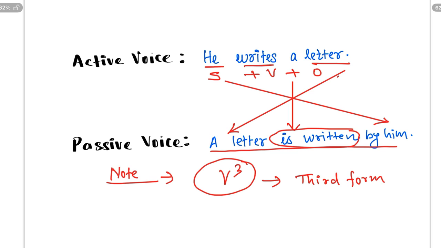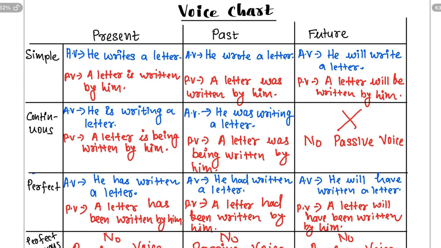So let us see how different types of sentences are converted from active voice to passive voice. So here is a chart for you. You can call it a tense voice chart or simply a voice chart. So we have three tenses: present, past and future.